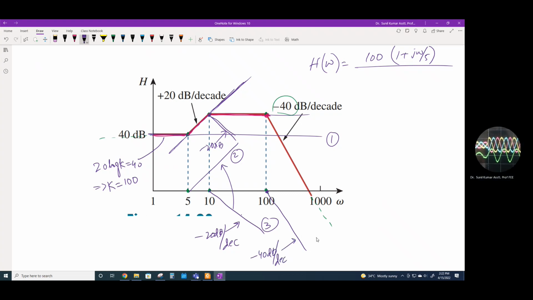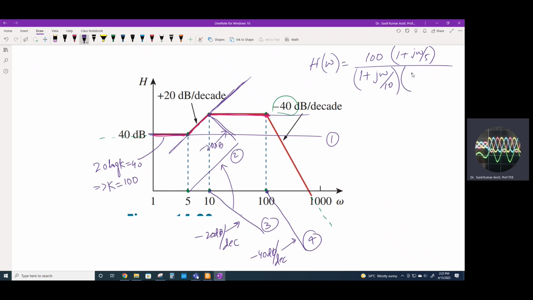So let's call these lines number 3 and 4, and we will write them in the transfer function in the denominator. First is line number 3, which starts from omega equals 10. The slope is minus 20 dB, so it's just like this.